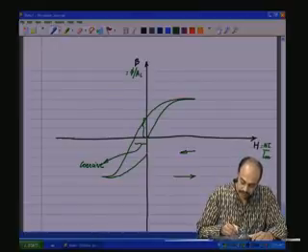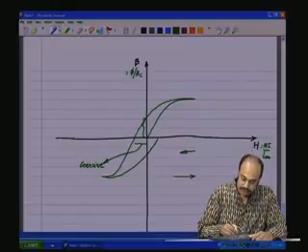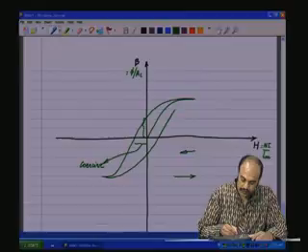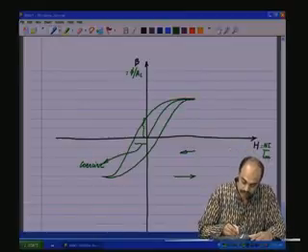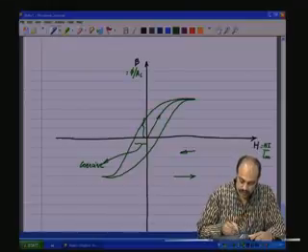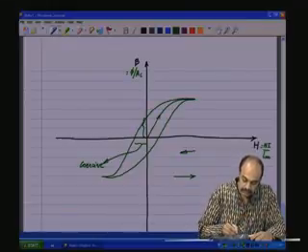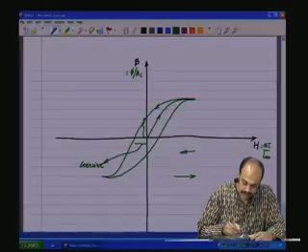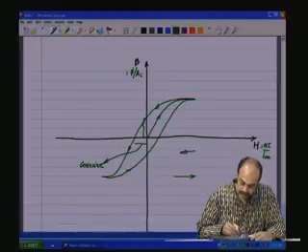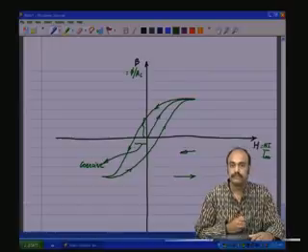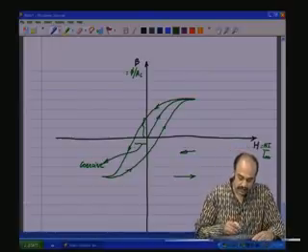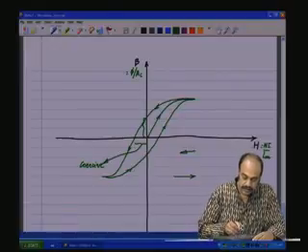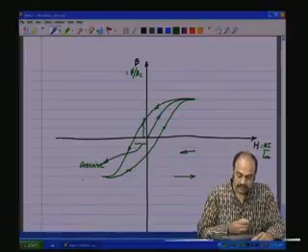To make the flux 0, you have to apply a positive H, and then this will swing in this direction. So, a virgin specimen starts with 0 and then from there on it exhibits this kind of a hysteresis curve. So, all magnetic materials will exhibit this kind of a hysteresis curve called the BH loop.